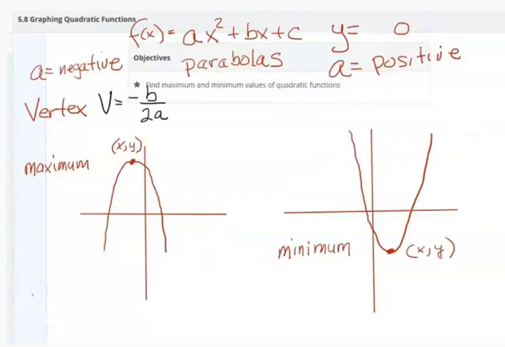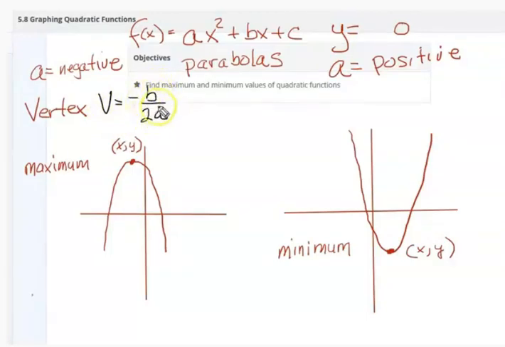Now, to find the vertex, we go to our equation in standard form. Actually, it's part of the quadratic formula. The vertex formula is x equals negative b over 2a.